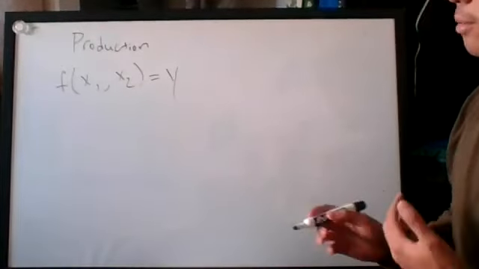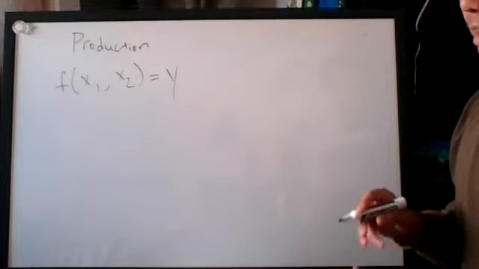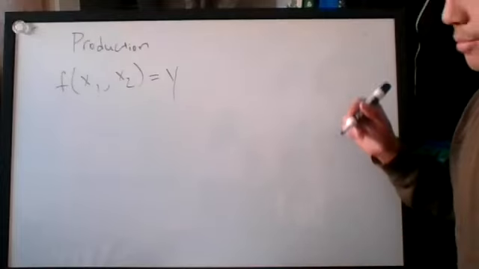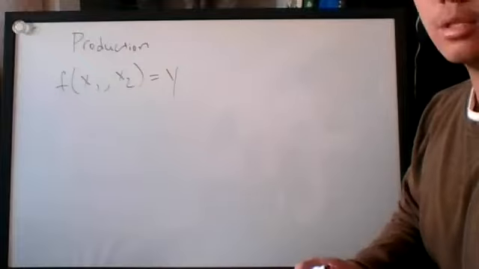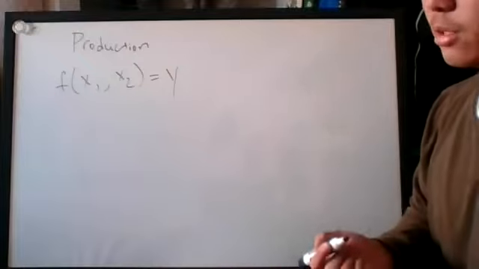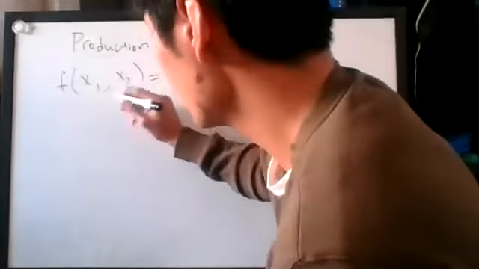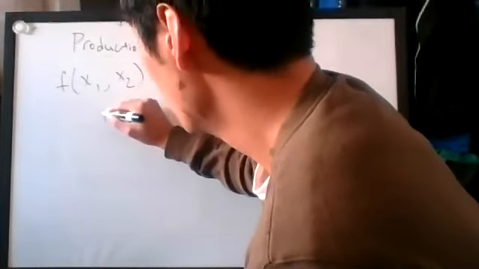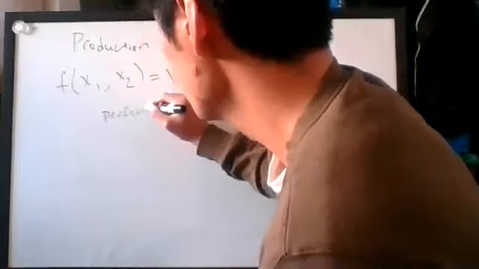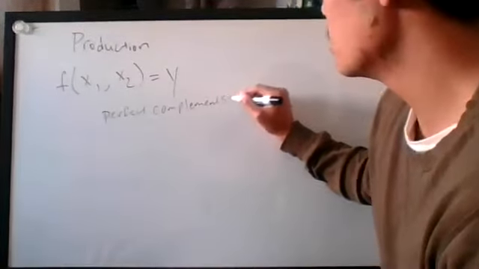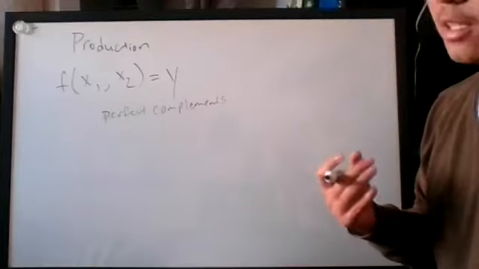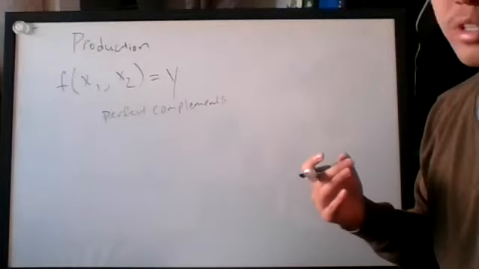And the cool thing about the production function is that we get these functions that are really similar to what you have already noticed, right? So we have a min function, so we have perfect complements. And this can go into the desk and the nails example, the wood and the nails.